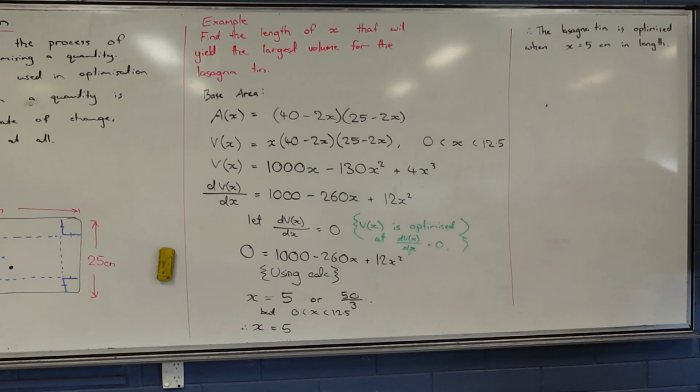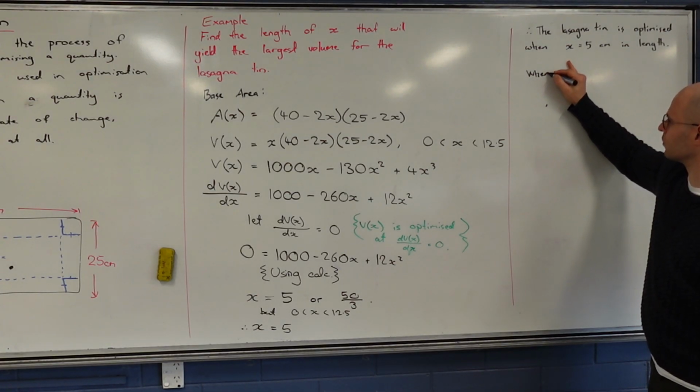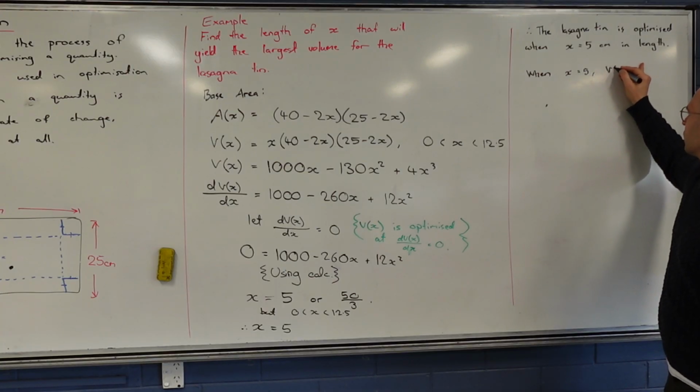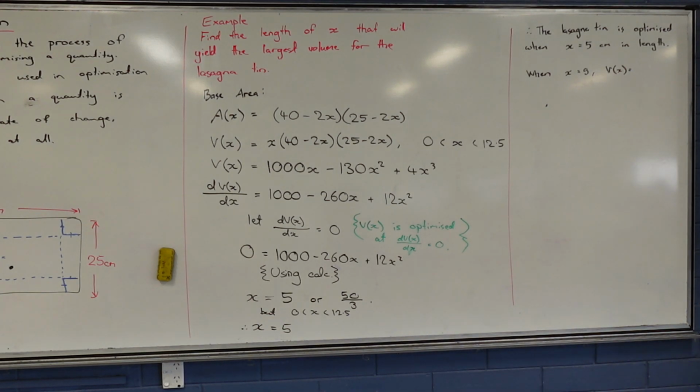What is the size of the tin? How much volume does it have when x is 5? If you want to find this, you can plug x equals 5 back into your equation.